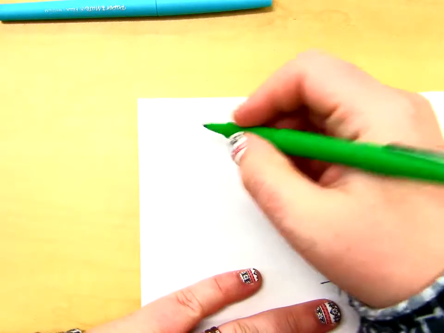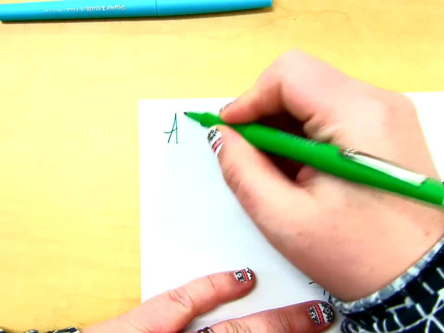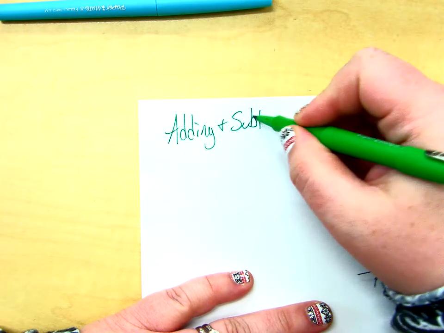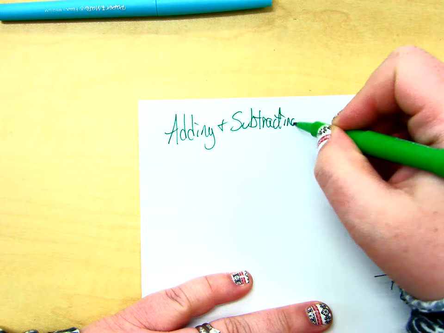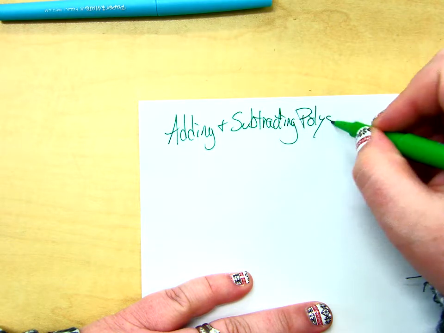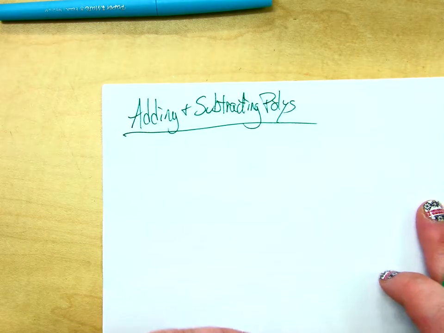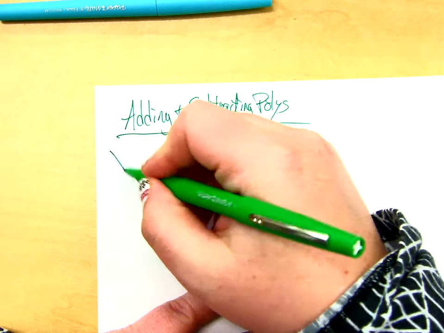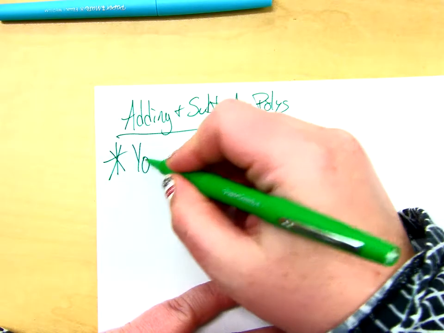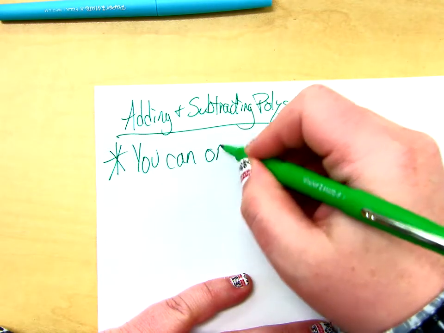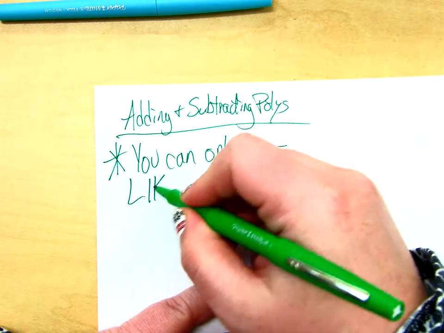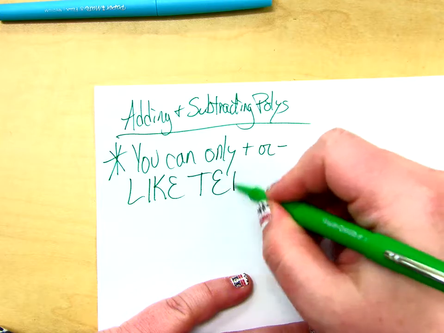Okay, so today we are adding and subtracting polynomials. I mentioned a little bit about what you need to do here before, but the big key is that you can only add or subtract like terms.